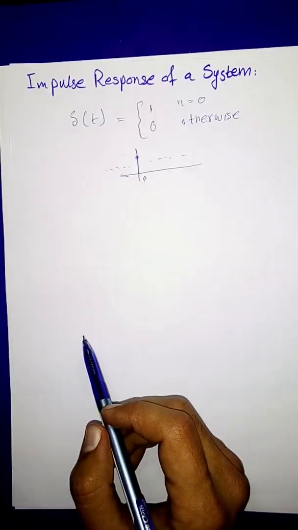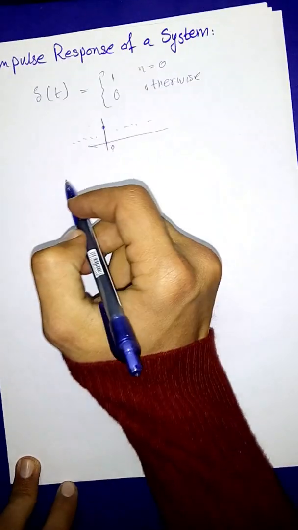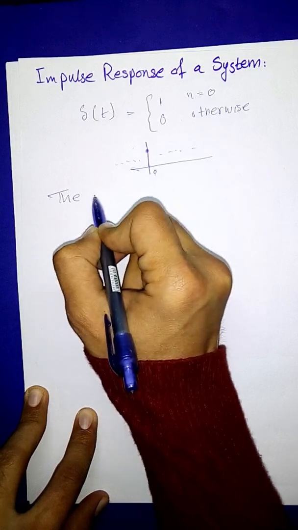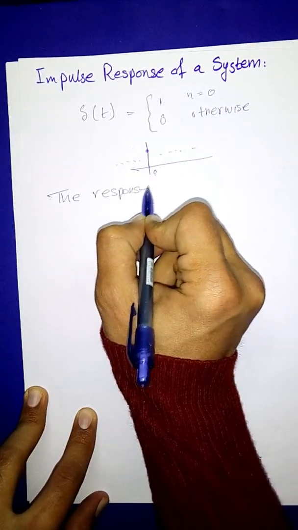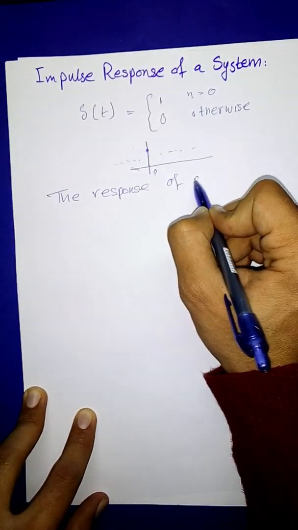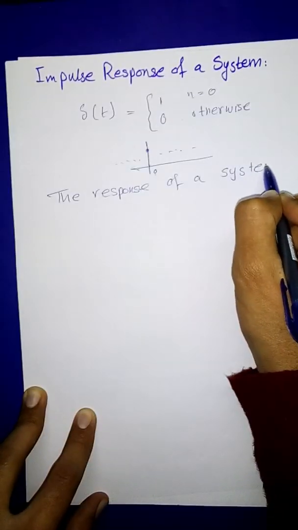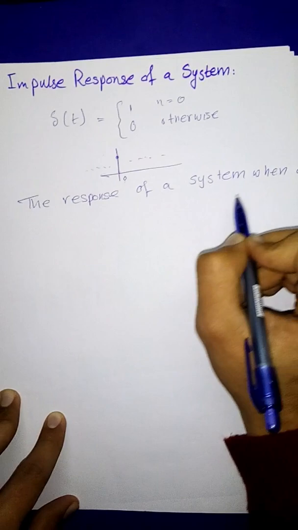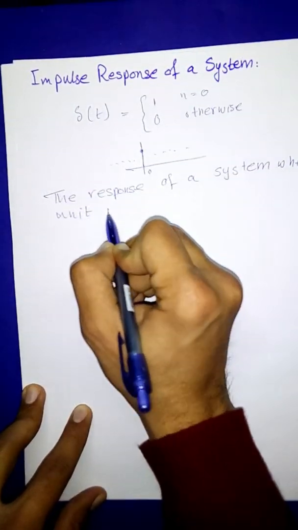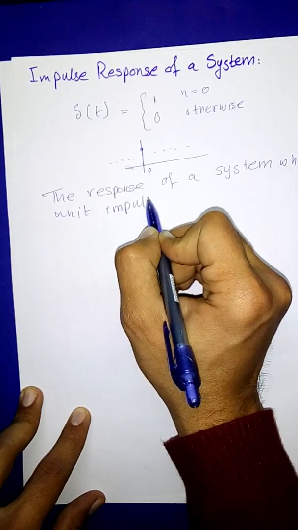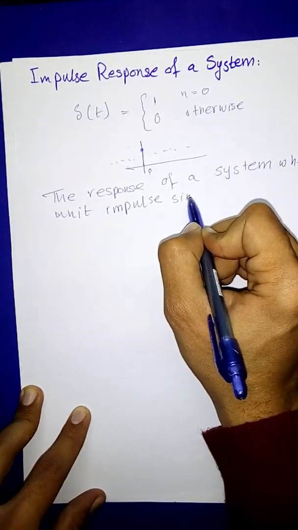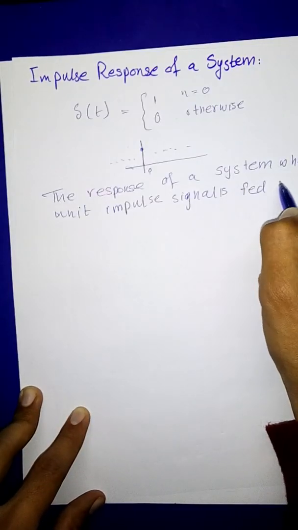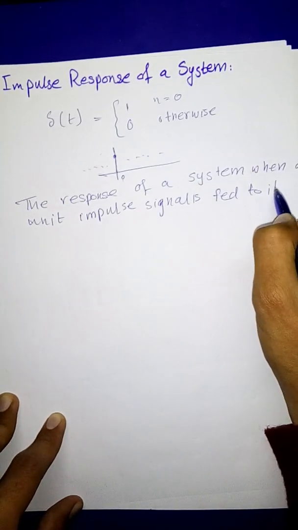Impulse response of a system is the response of the system when a unit impulse signal is fed to it.